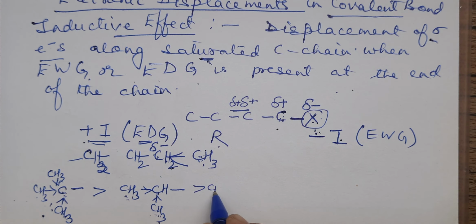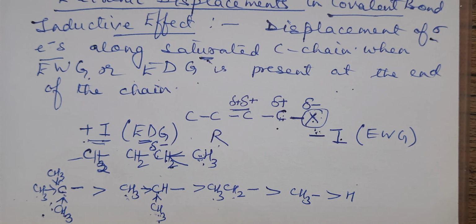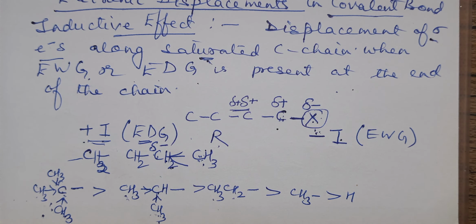Then there will be ethyl, where to this particular carbon only one methyl group is there, and then you will have methyl, and then you will have H. H will have the least positive inductive effect. Clear till here?